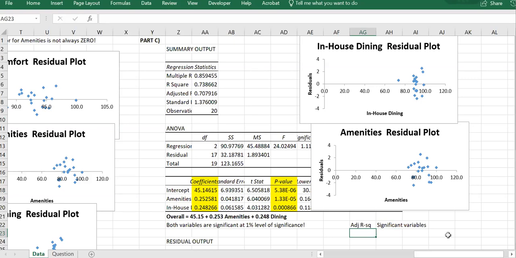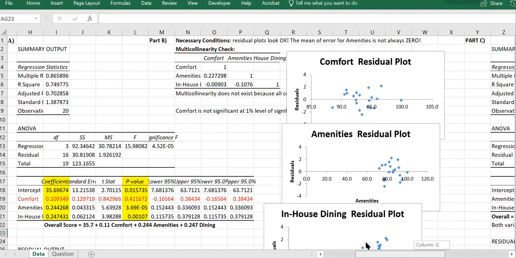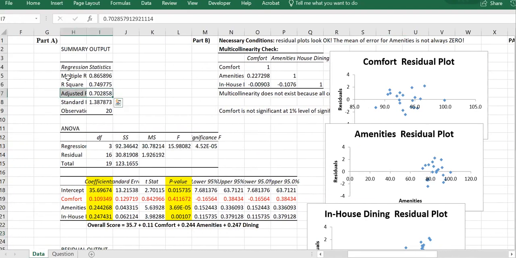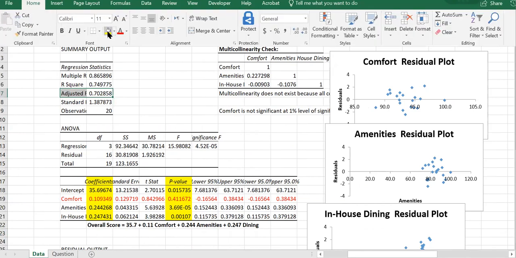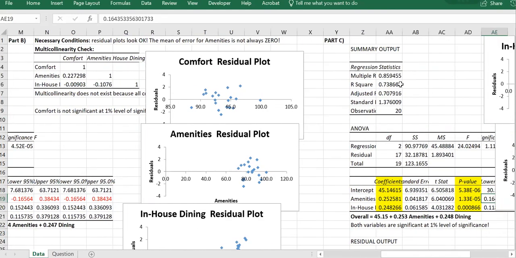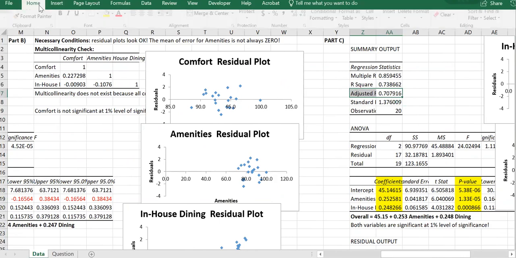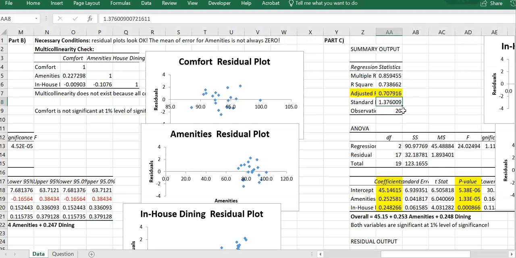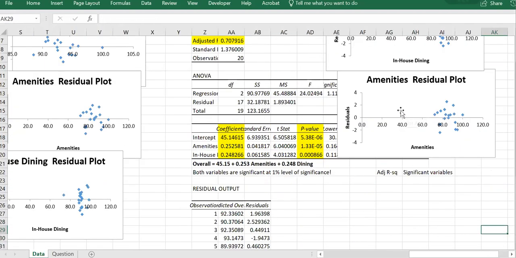So adjusted R squared in my first model is 70.3, and in model C it is 70.8%. I'm talking in percentage.